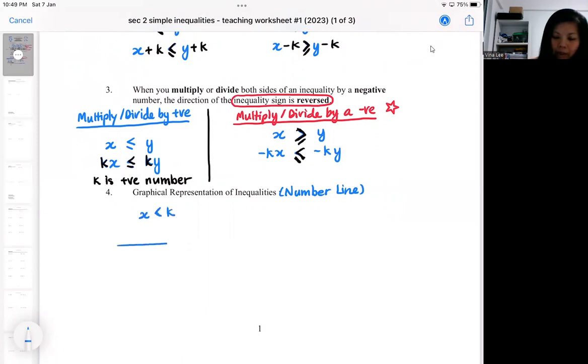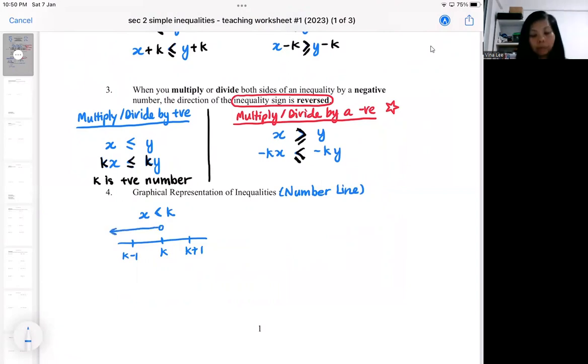If it's less than k, that means it's smaller than a number. Usually I will do it this way. I'll put the number in between, I will write a bigger number on one side and a smaller number on the other. If it's less than, that means it should be the numbers on the left. So you take a look.